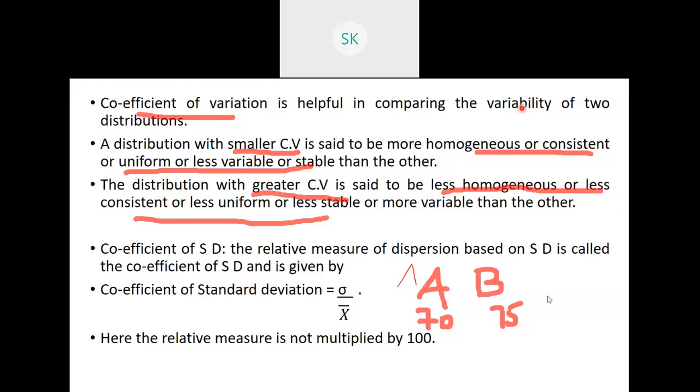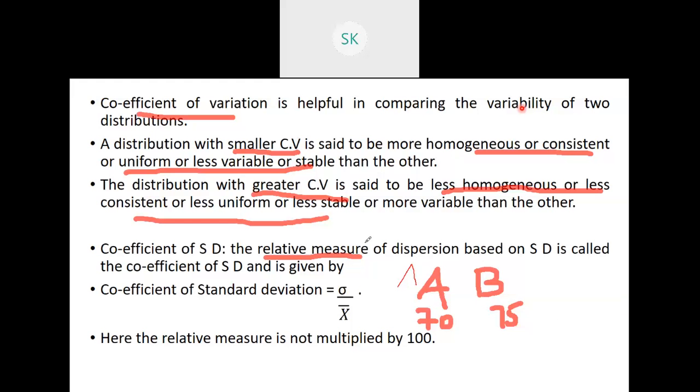Coefficient of standard deviation. Let's see what the coefficient of standard deviation is. It is a relative measure of dispersion based on standard deviation. We already know what absolute measure and relative measure are.